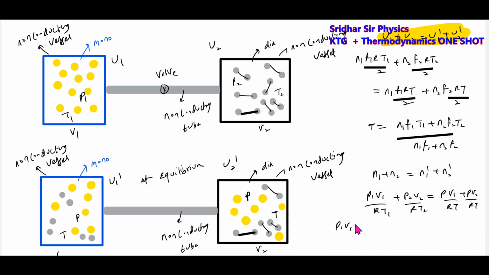Then this will become P1 V1 T2 plus P2 V2 T1 by T1 T2 equals P into V1 plus V2 by T. So substitute the value of T here, then solve for P. Like this we can calculate the pressure at equilibrium. To get the pressure, you should use this formula. To get the temperature, use the conservation of energy principle. This is the amount of gas, conservation of mass.